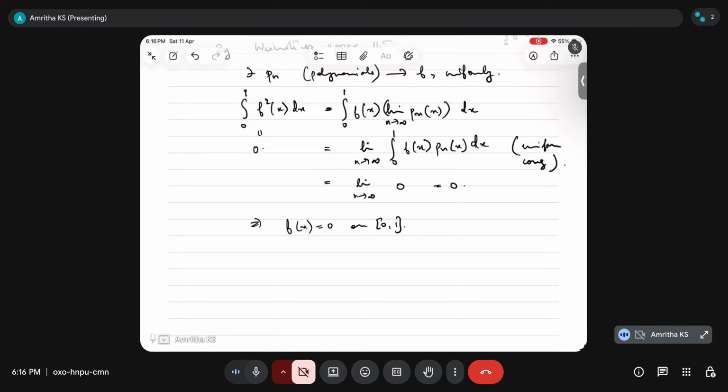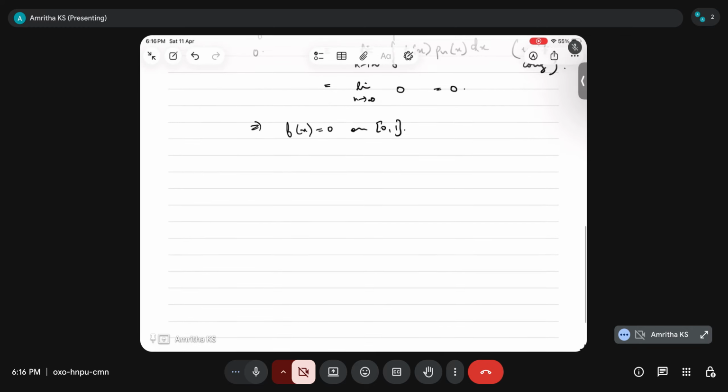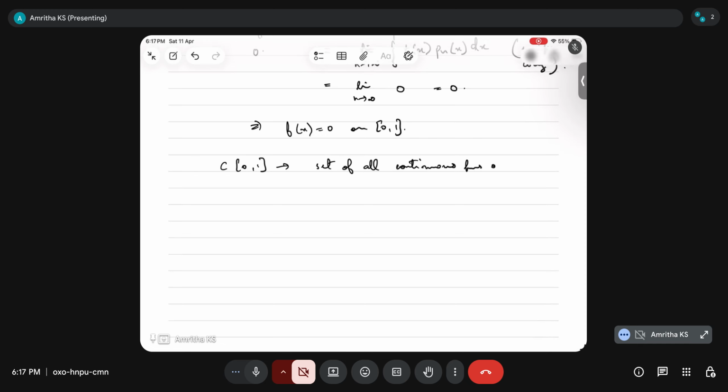Now another application is that, one can prove that suppose this is the set of all continuous functions on [0, 1]. Then this is separable. I don't know whether sir has taught separability or not.